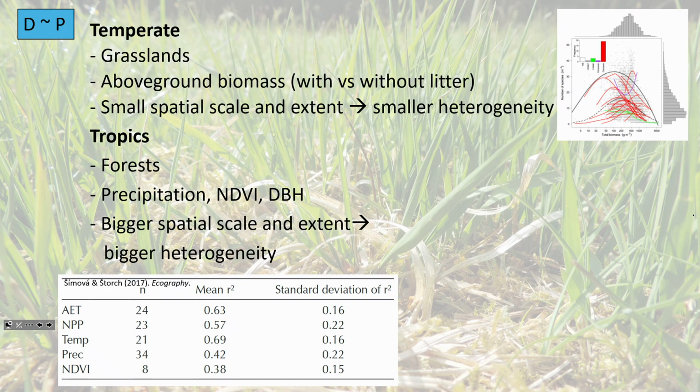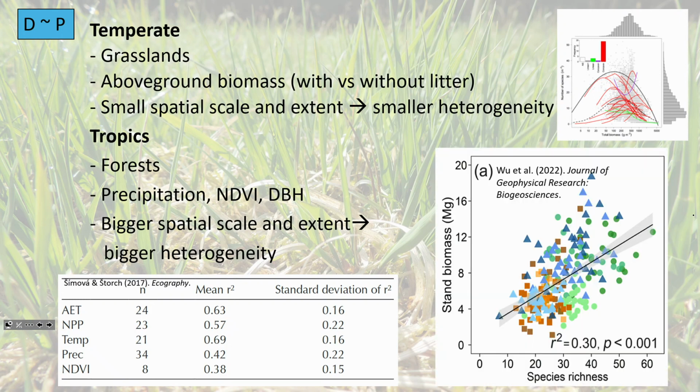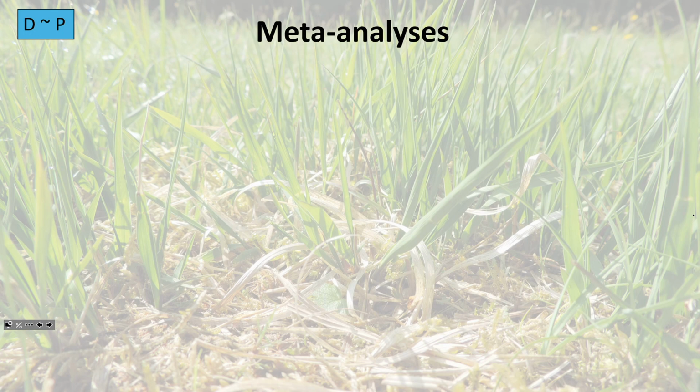It's usually done on a bigger scale, bigger extent, and you typically get some positive relationship. Please ignore that the axes are swapped here. It's very common. No one knows which direction it should go, so you can find both ways. Anyway, in the tropics, it's typically positive.